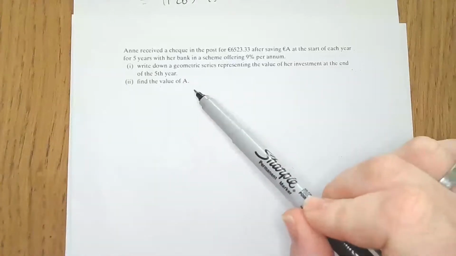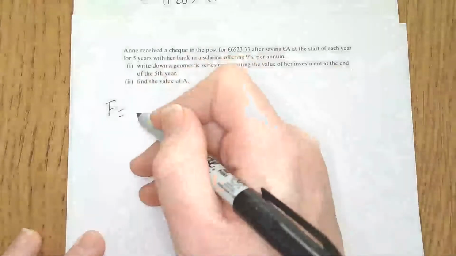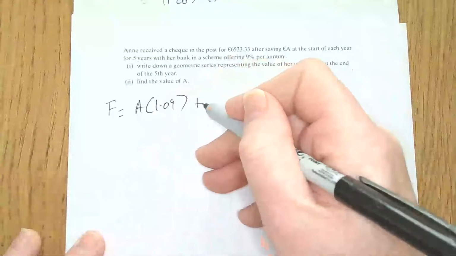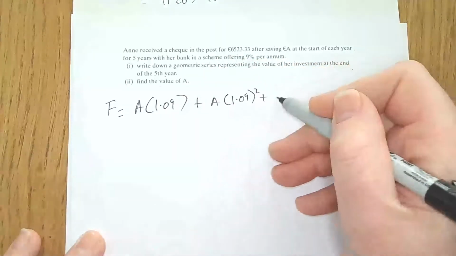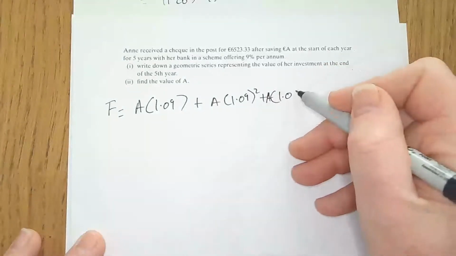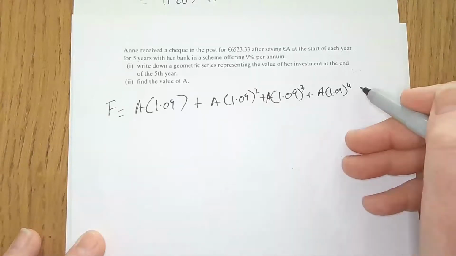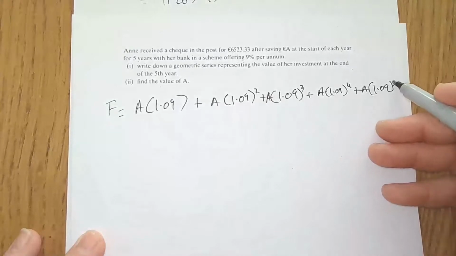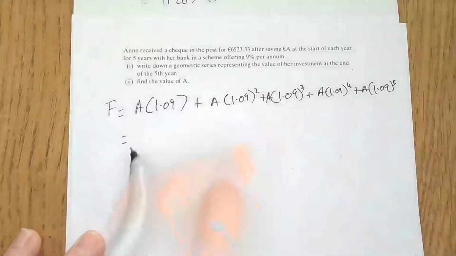Okay, so listen, our final value is going to be, well, the first year, plus the second year, plus the third year. I keep forgetting 1.09, plus the fourth year, plus the 5th year. So that's it. We're going to sum it all up. So we need to figure it out.